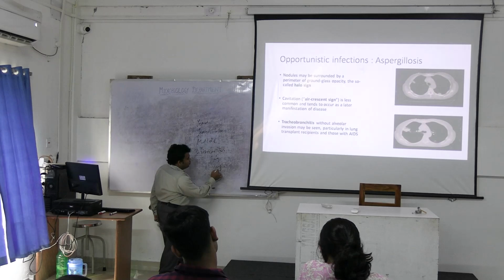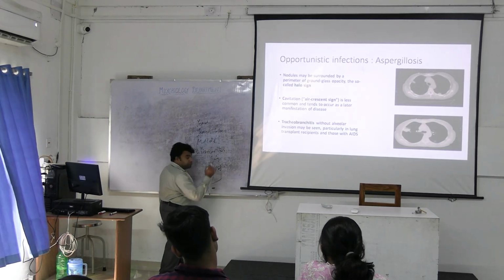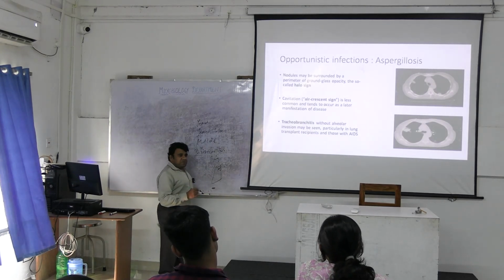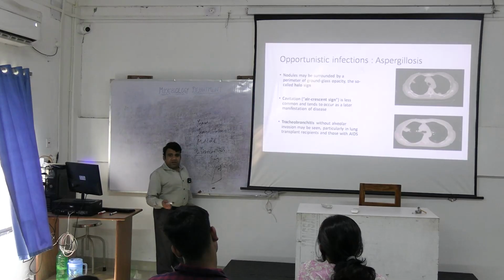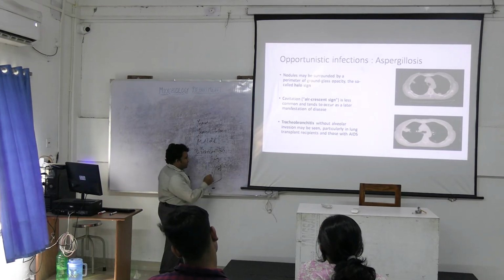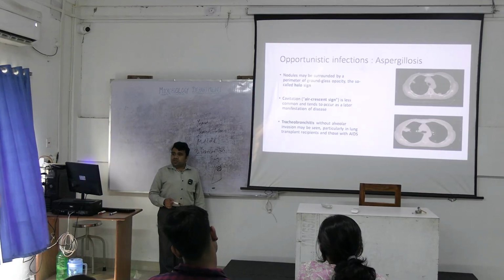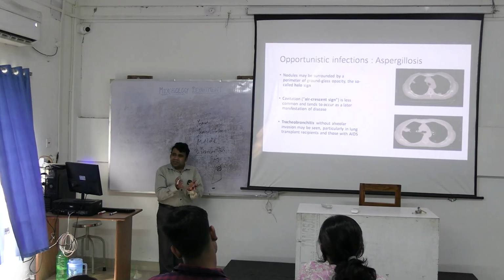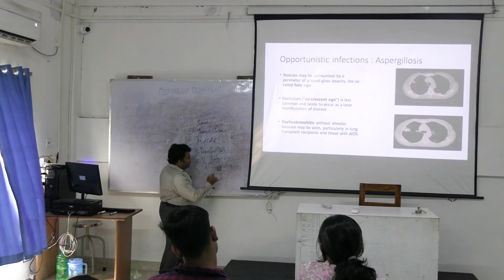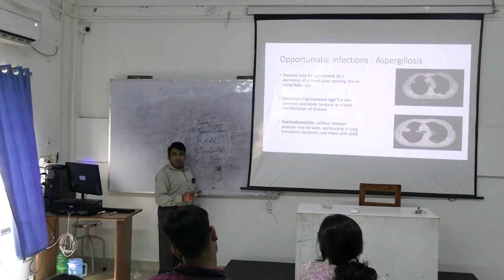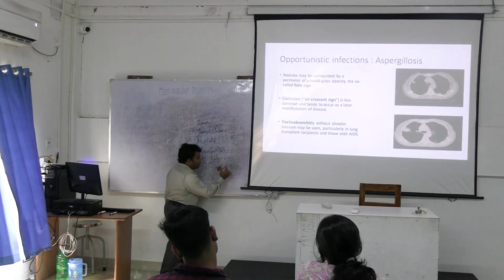The spores may enter over here, but because of the previous cavitary lesion, it cannot penetrate the granulomatous tissue in the pre-existing cavity. So the fungus grows into the hyphal form and forms a ball. This is called a fungal ball.